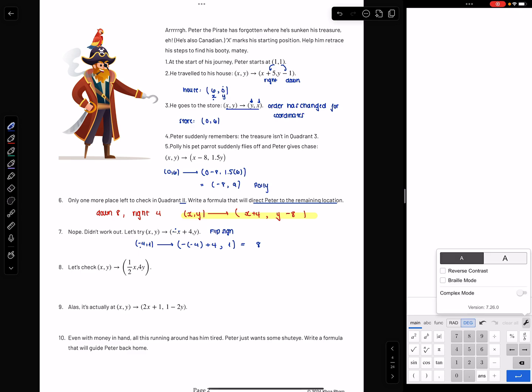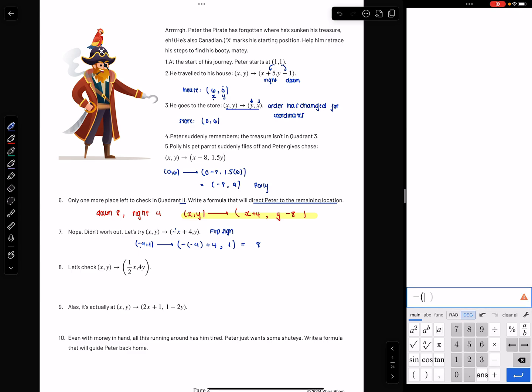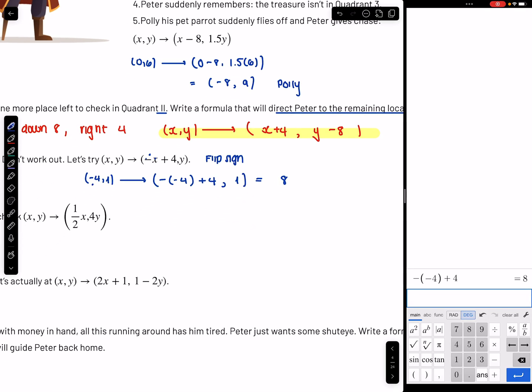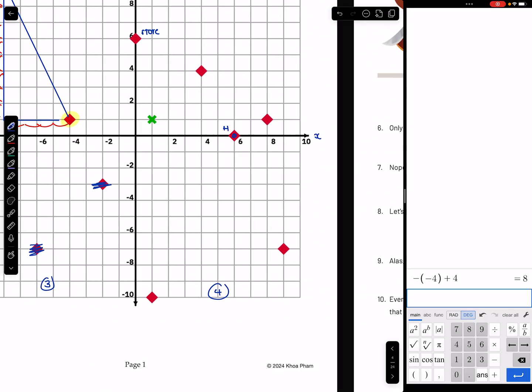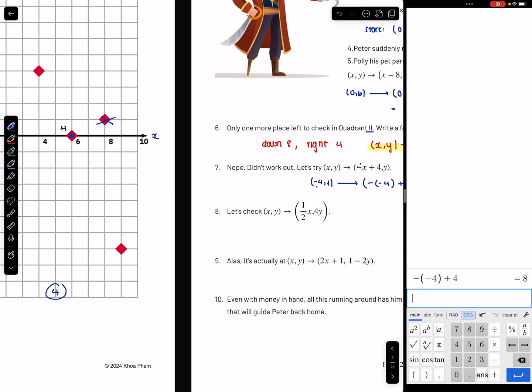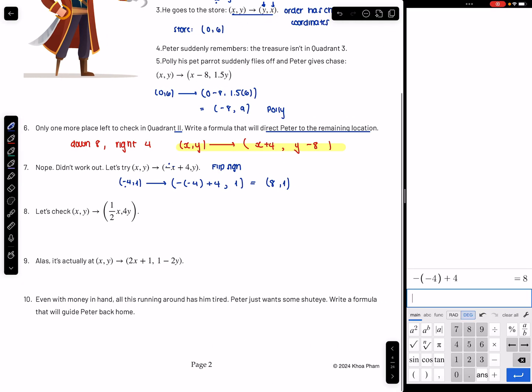Just so we're clear, this is negative 4 plus another 4. You see that comes out to be 8. We don't do anything to the y coordinate, so it's just 8 comma 1. So 8 comma 1 is this point right here. It's not that one.